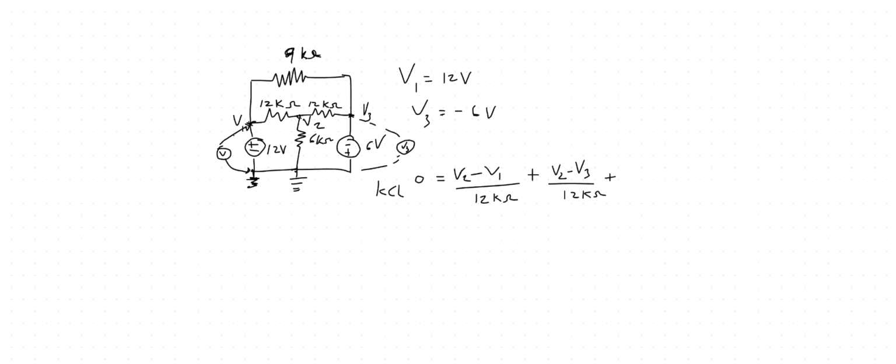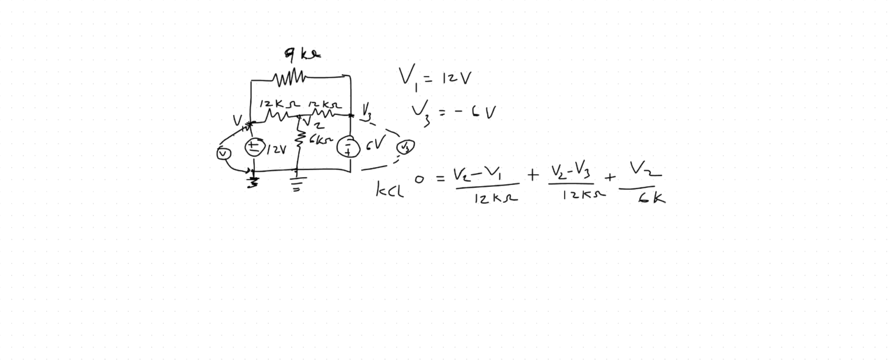So that would be V2 minus 0 over 6K. Okay. All right, so that is equal to 0.